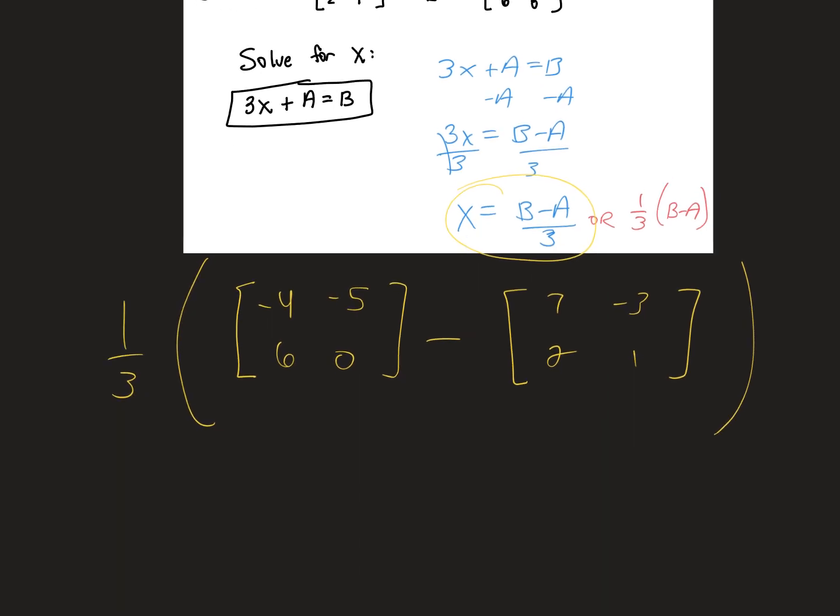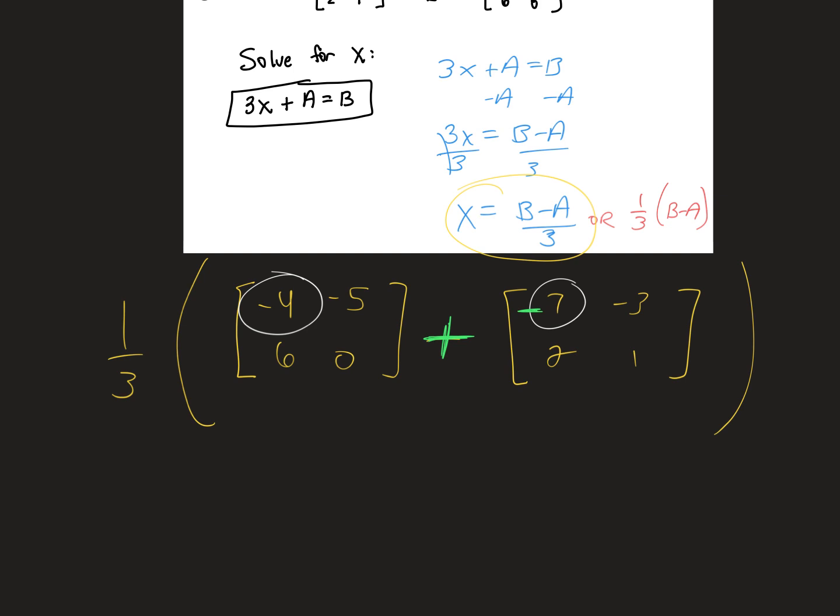Now, you're subtracting. The same way we added, we subtracted. We can do this because it's a 2 by 2. So you could say -4 goes with 7, so -4 minus 7, -5 minus a -3. I don't like when there's a minus sign in the middle because a lot of times we miss signs. So when I have any subtraction, I like to change this to a plus and then do what to all the signs behind it?